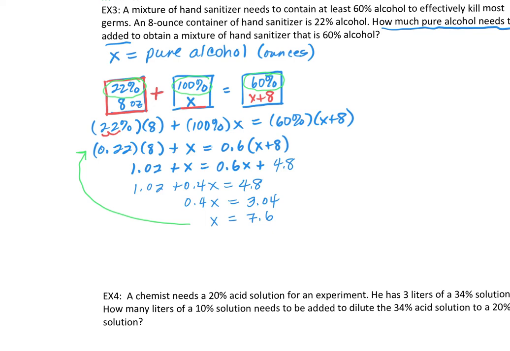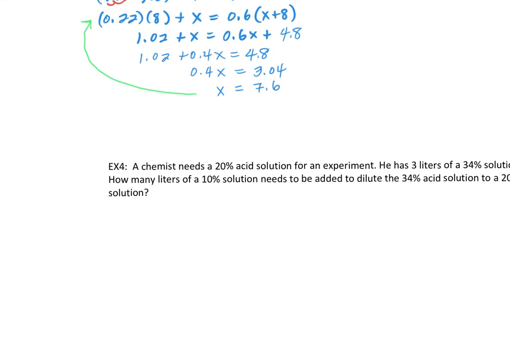And then my sentence. Normally we don't, like you could say 7.6 ounces of pure alcohol must be added. But normally we don't start with a number unless we're going to spell out the number. So the trick here is just to add thus or therefore.